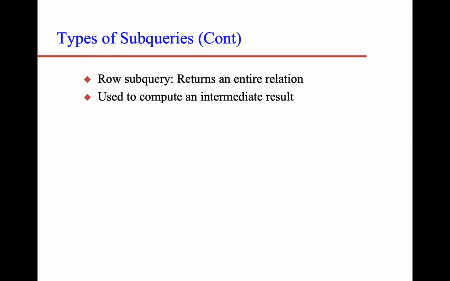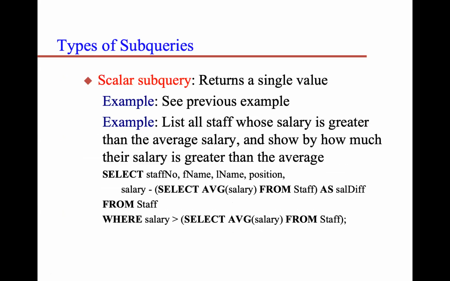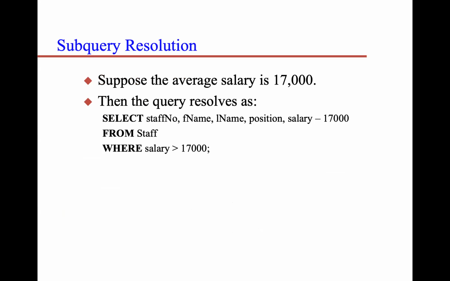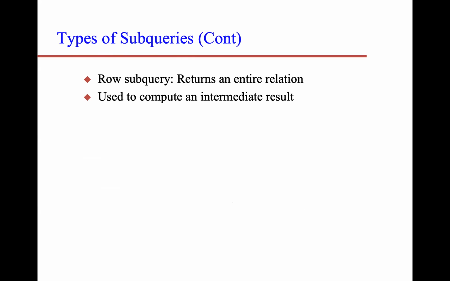Okay, so that's scalar subqueries. Again, a scalar subquery returns a single value. The next type of subquery is a row subquery, and it returns an entire relation. We use subqueries to compute intermediate results.